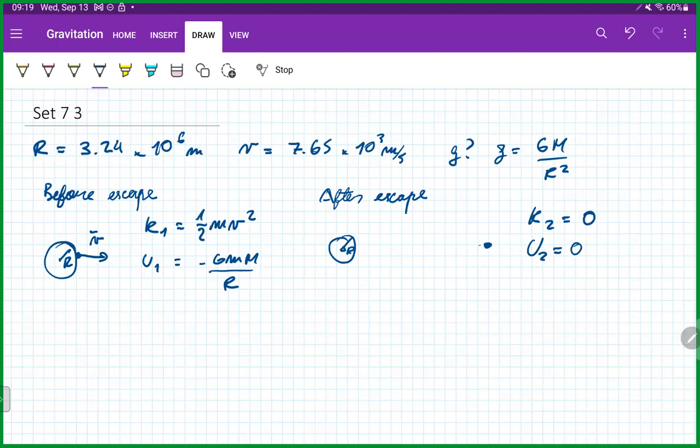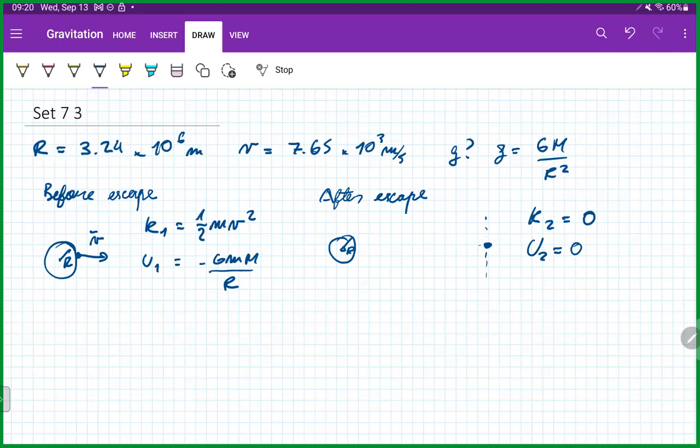So at that exact point where the object is totally free from the gravitational interaction, the speed has been depleted. We don't have any more kinetic energy, and we also don't have any gravitational potential at that zone.